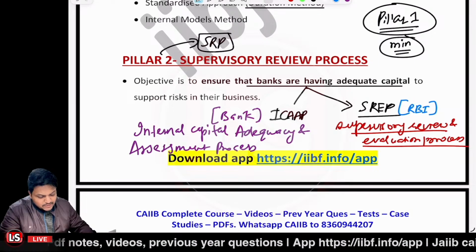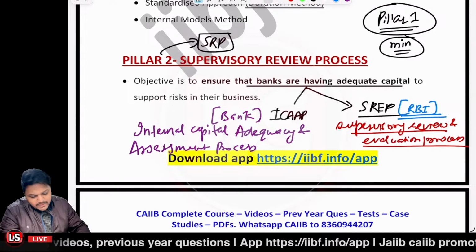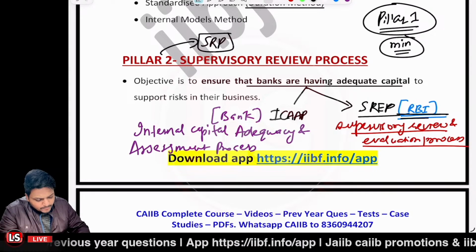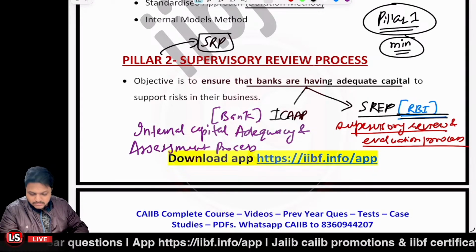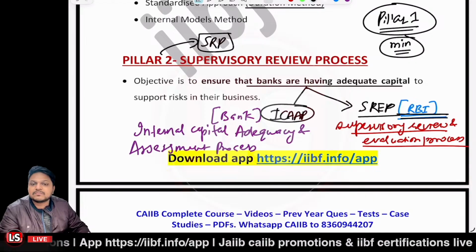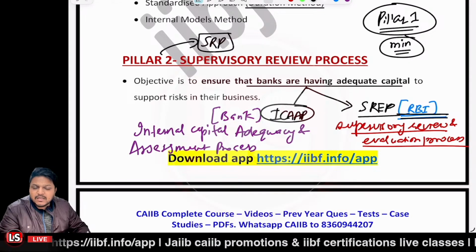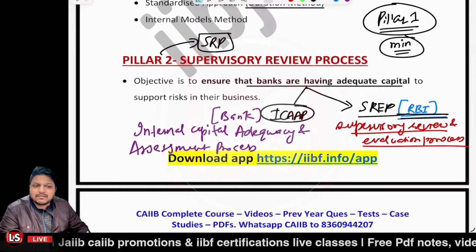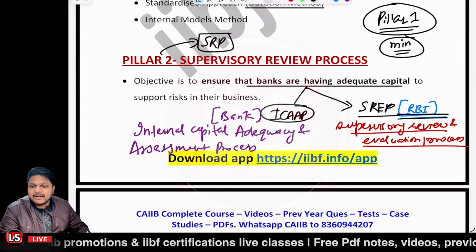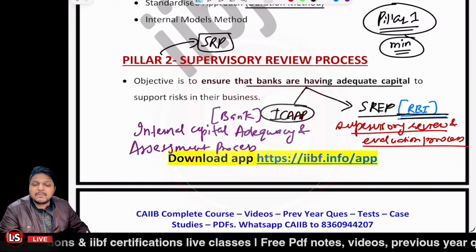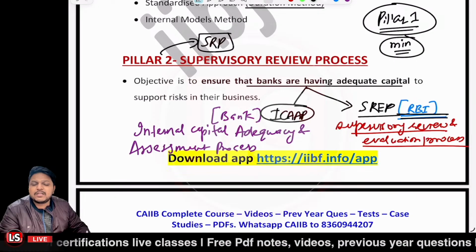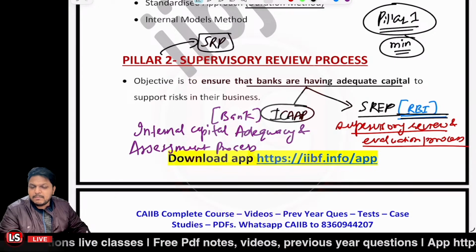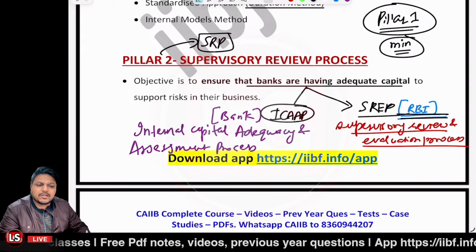First, the supervisors are to evaluate the model which is followed by the bank under the ICAAP. Second, supervisors must expect that the banks are operating above the minimum regulatory capital ratios required.